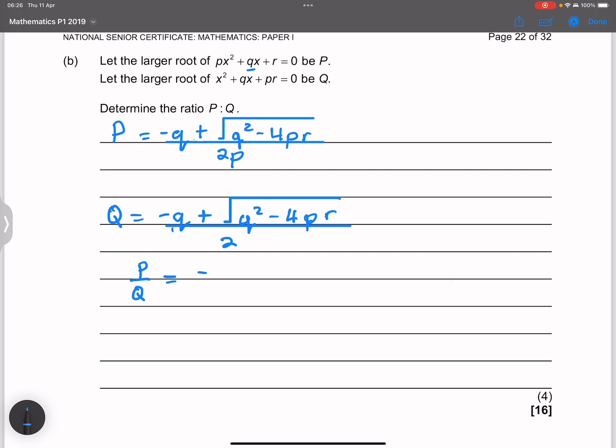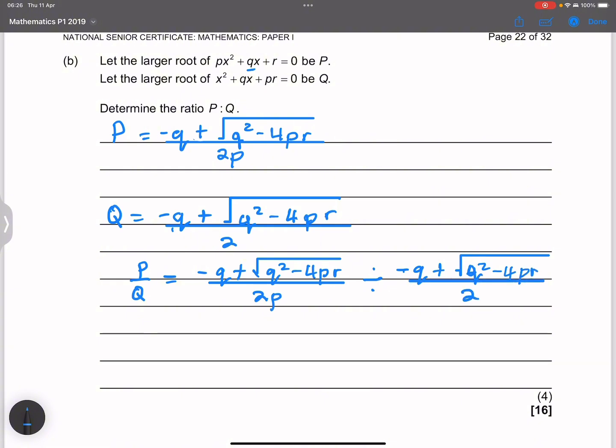So p is minus q plus the square root of q squared minus 4pr, over 2p divided by, now remember, for division, let me just divide it. So this is going to be minus q plus square root of q squared minus 4pr. This is divided by 2.